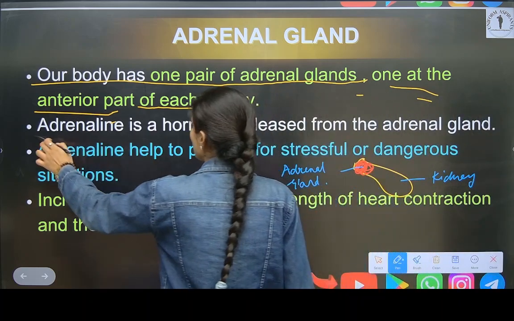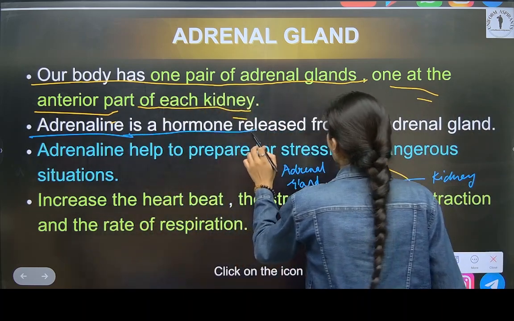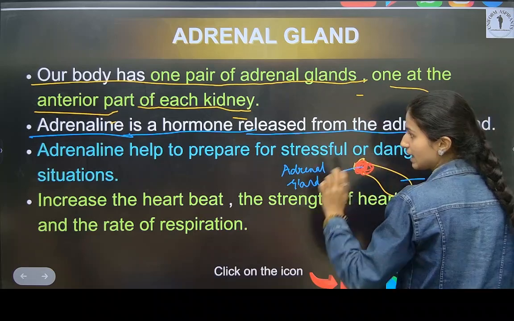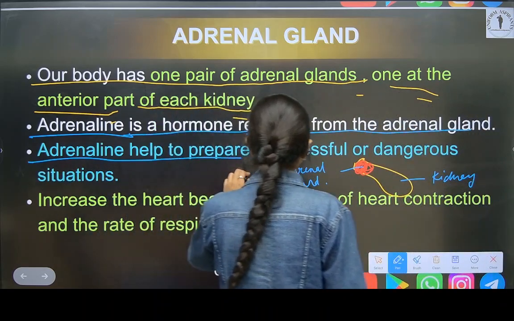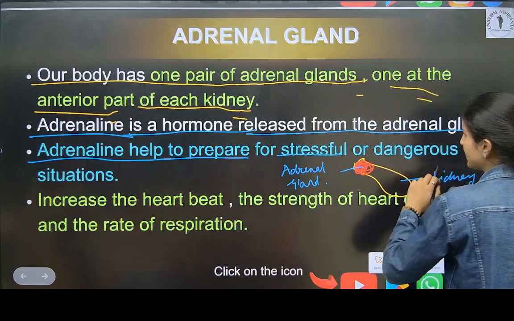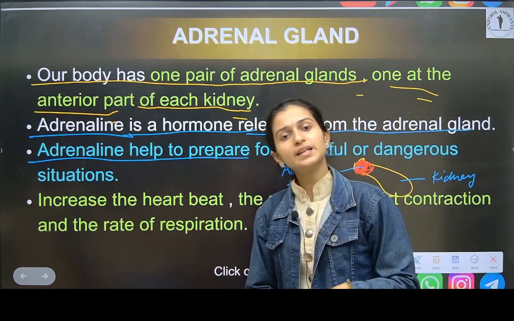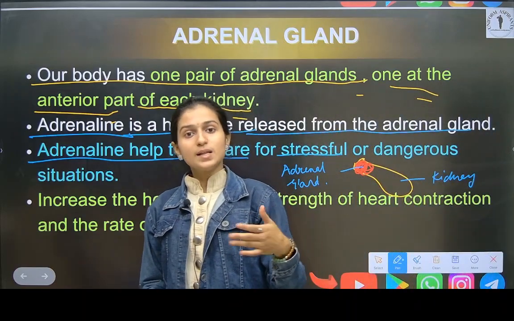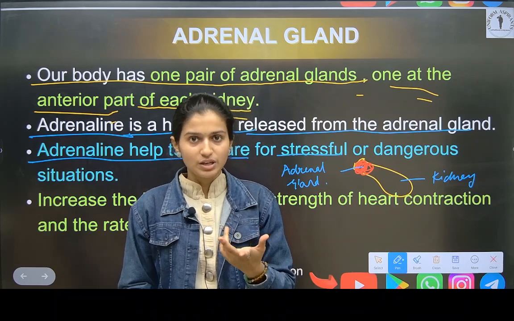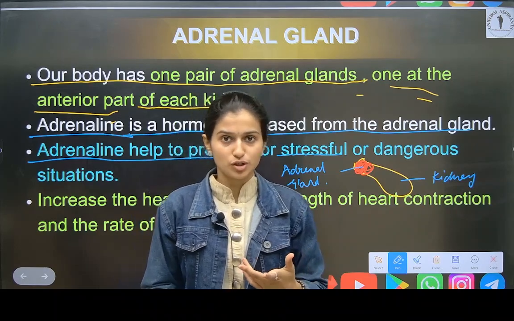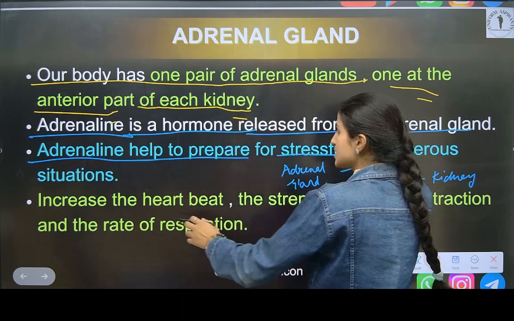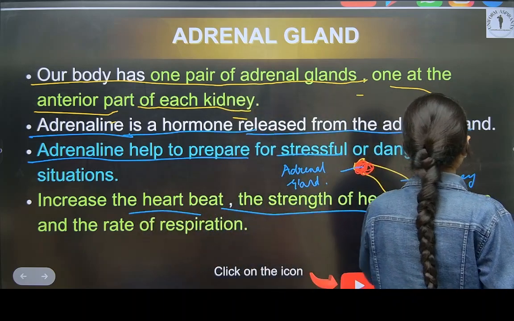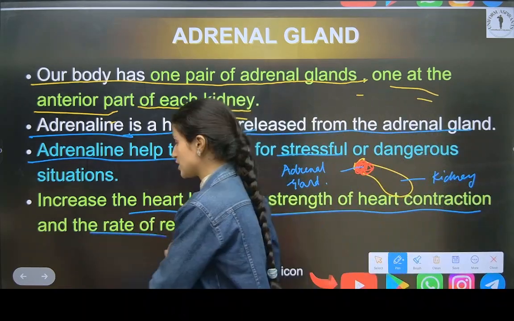Adrenaline is a hormone released from the adrenal gland. Adrenaline helps to prepare for stressful and dangerous situations. It helps our body, or our brain, in dangerous situations, like panic situations. It increases the heartbeat, the strength of heart contraction, and the rate of respiration.